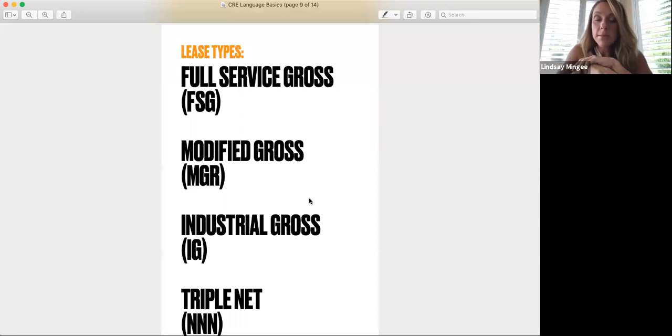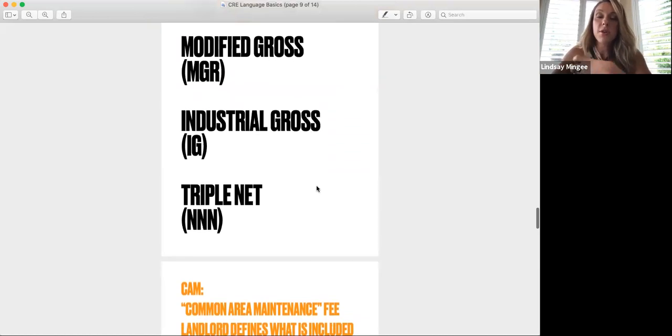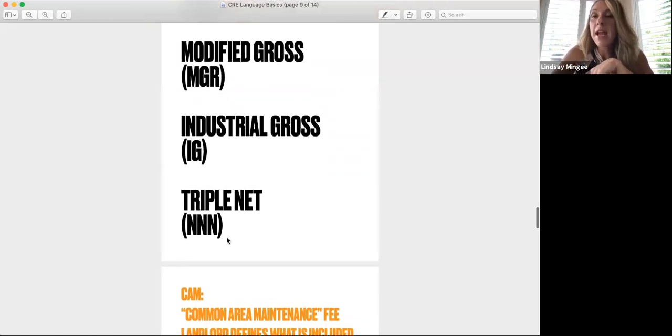Medical, sometimes you'll see medical on a triple net lease, again, because of their specialty use. But if you hear something referred to as a triple net lease, people will say, well, what are my NNNs? You'll see that in writing. What are my NNNs? What are my triple nets? Really, they go back to the big 5: taxes, insurance, maintenance, utilities, and janitorial.